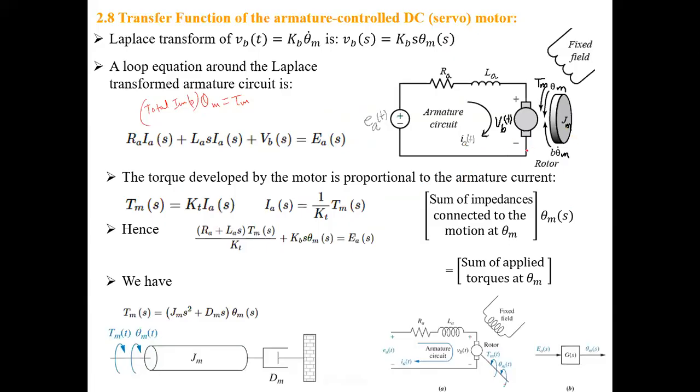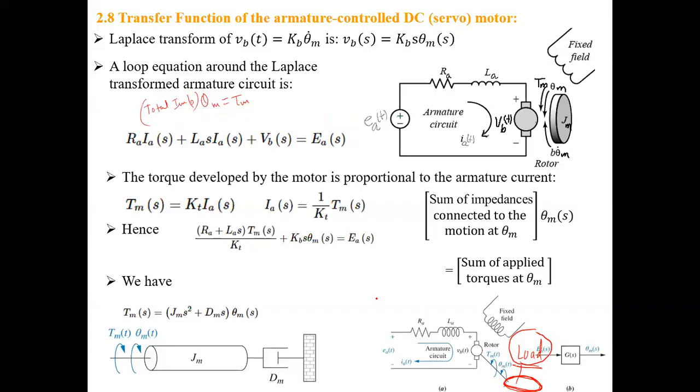So this guy is connected to a load here, right? This is your load. Load means something it drives, right? The motor will drive something, otherwise there is no point of having a motor, right? So there is a load that is driven by the motor. So that is your load.